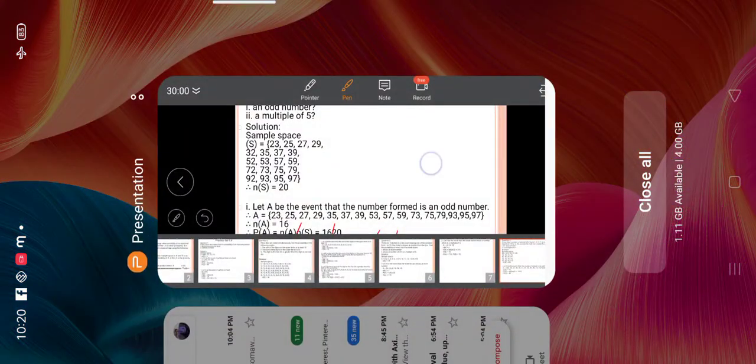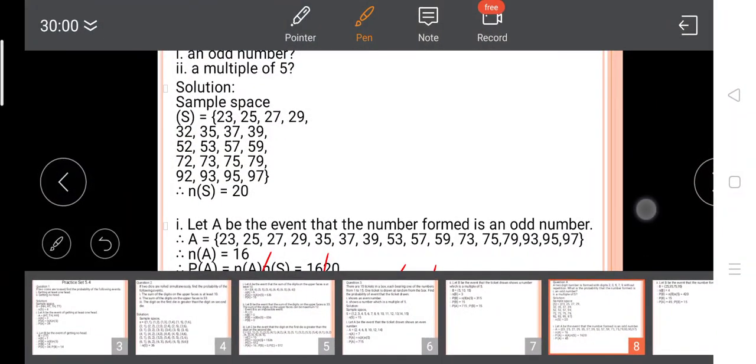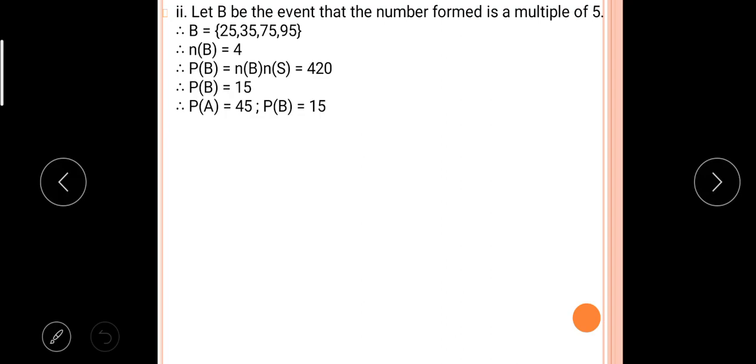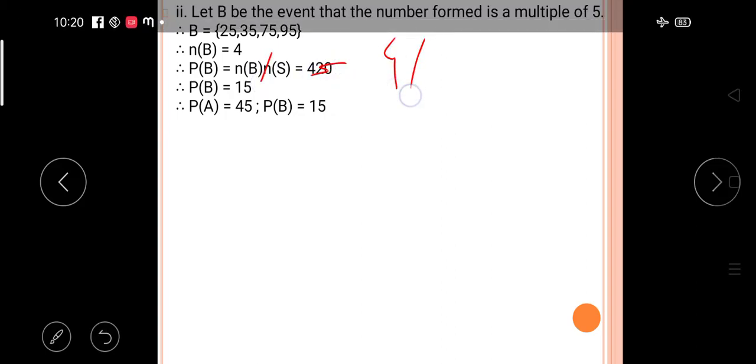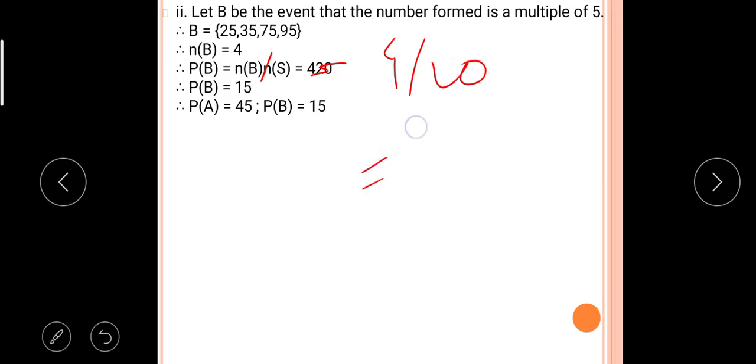And then next, let B be the event that the number formed is a multiple of 5. So there are only 4 numbers which are multiples of 5. So n of B for the event is 4. So P of B is equal to n of B upon n of S, so it is 4 upon 20, and therefore it is 1 upon 5.